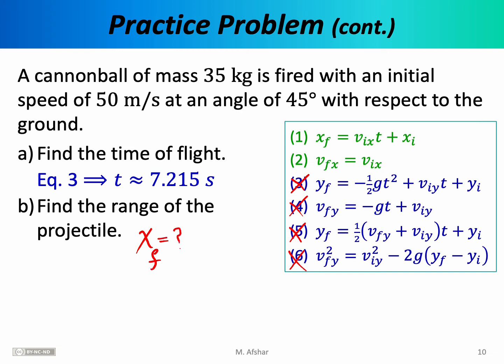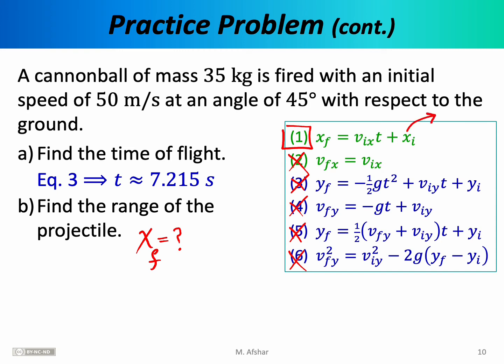Remember that x final is essentially the horizontal distance that this projectile will travel. X initial can be described as 0. So if we know x final, we essentially know the range of the projectile. Equations 3, 4, 5, and 6 are not suitable because none of them involve x final. Equation 2 also does not involve x final, so really the choice is quite simple. We must use equation 1 to answer this question.